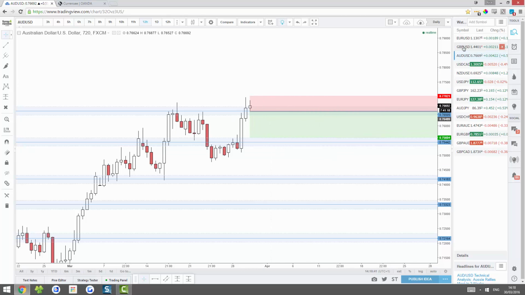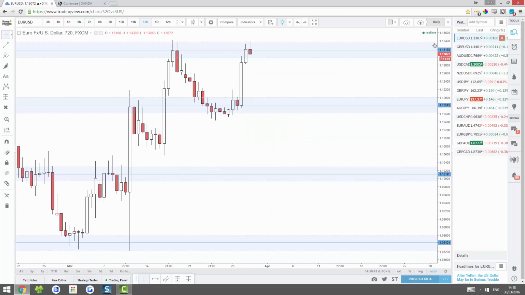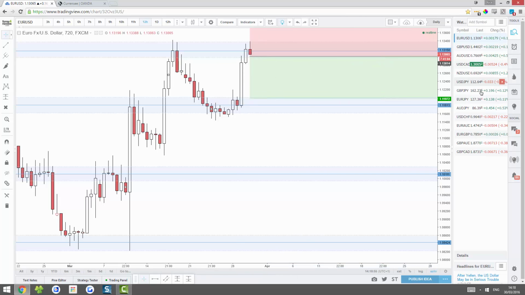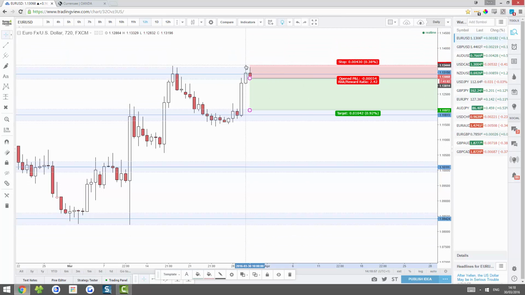So it's just not as good as Euro USD, which is giving us a much better risk to reward ratio, which was, I may as well draw it again. So I think it was 2.45 or something like that, 2.6. Yeah, 2.5, 2.6, something like that. So obviously much better risk to reward ratio with Euro USD, and I'm going to probably go for that.